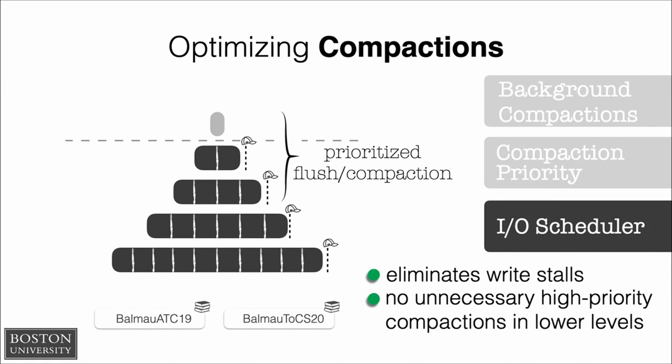They also prioritized the flushing of the data in the shallower levels, because typically they are moving a smaller amount of data. And by prioritizing flush and compaction at the shallower levels, and by using a scheduler to separate the IOs, they attain a higher throughput for ingestion.